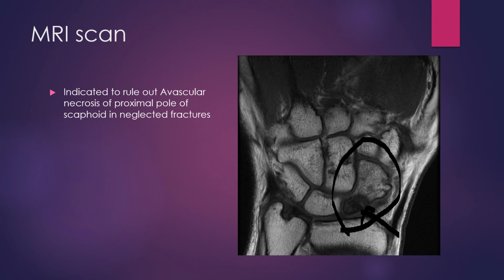So because this is looking hypodense, this is diagnosed as avascular necrosis. This part has no blood supply, so this is dead. So this appears separate from the distal part. So MRI is useful for diagnosing the avascular necrosis of the proximal pole.